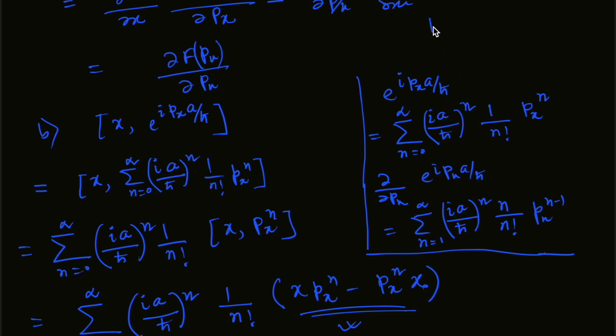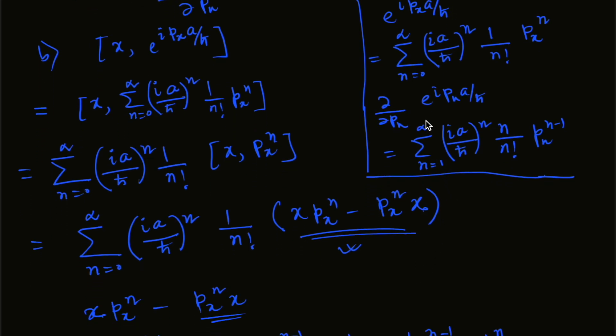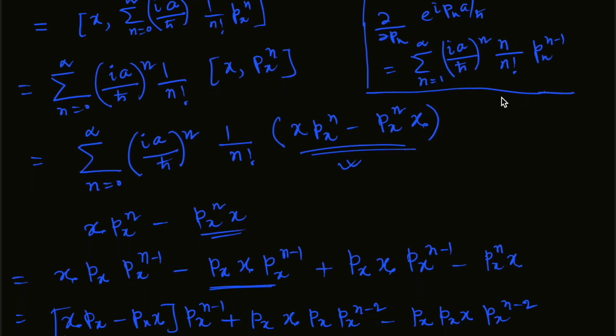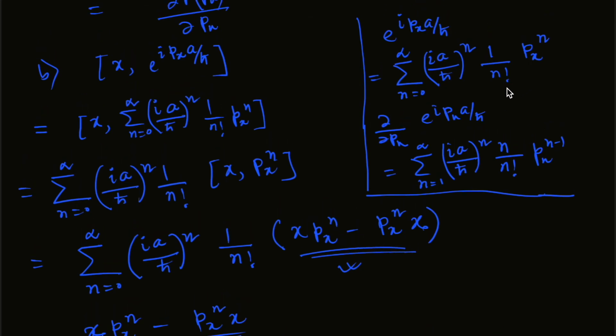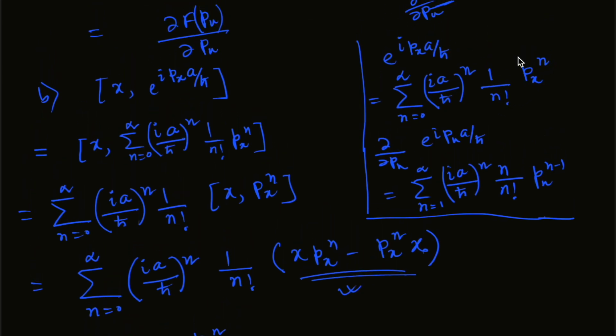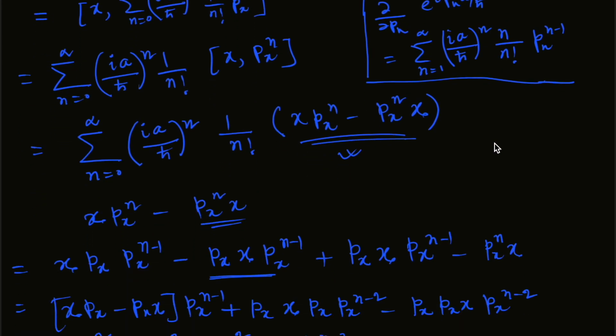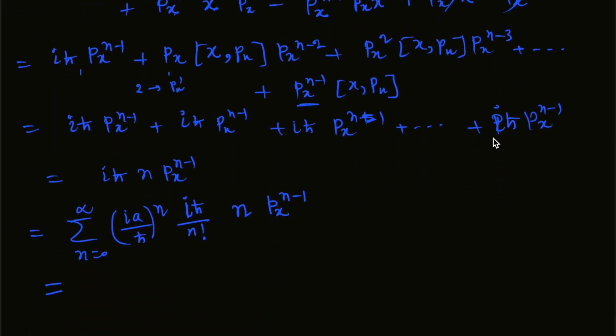That means the first term will be 1, and the derivative of it with respect to px will be 0, so the summation will start from n equal to 1 to infinity. That is the derivative of this term.